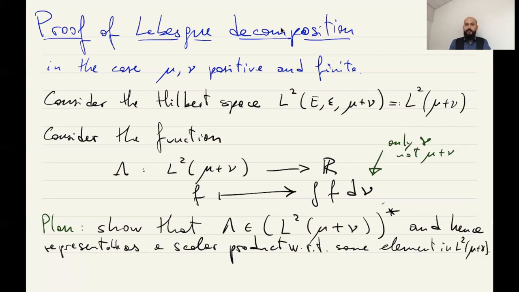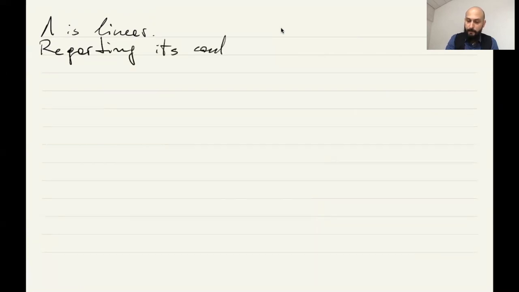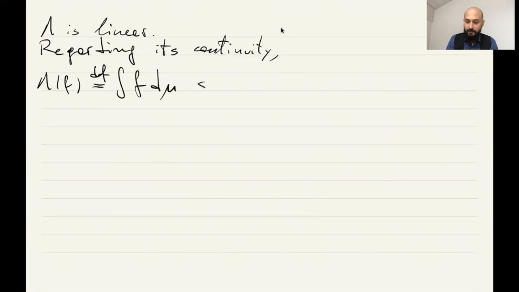Let's start showing that this is an element of the dual. Of course, as a function of f, this is linear. The integral is linear. But regarding the continuity, we have to prove it is a bounded operator. So lambda of f, by definition, is the integral of f d nu.